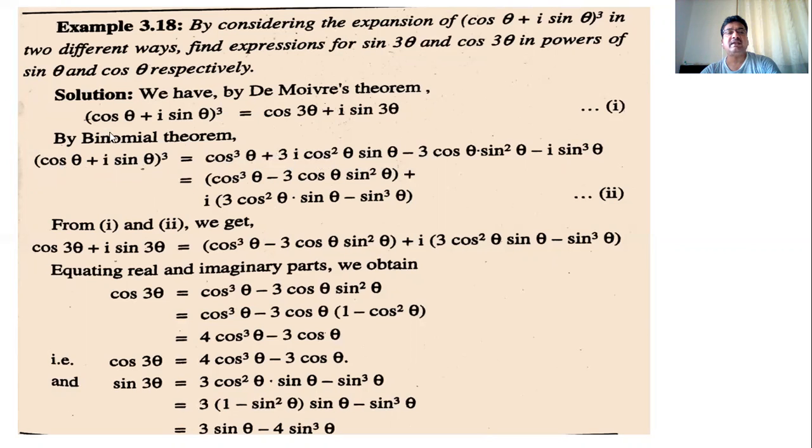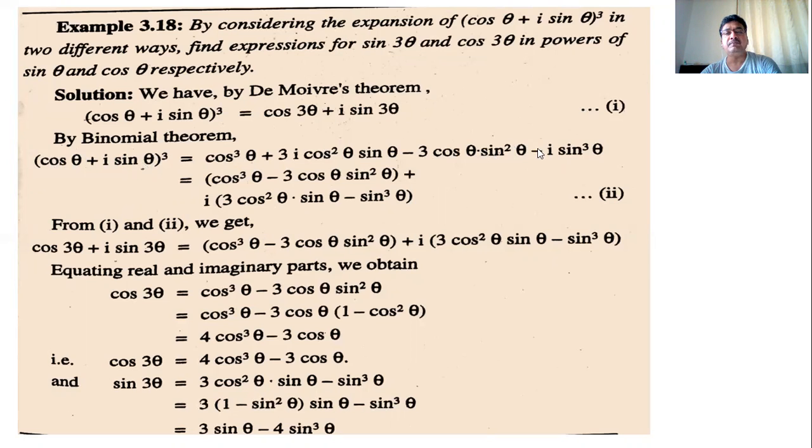What is i square? i square is minus 1, so this term becomes minus 3 cos theta sin square theta, and the last term is plus i cube sin cube theta.